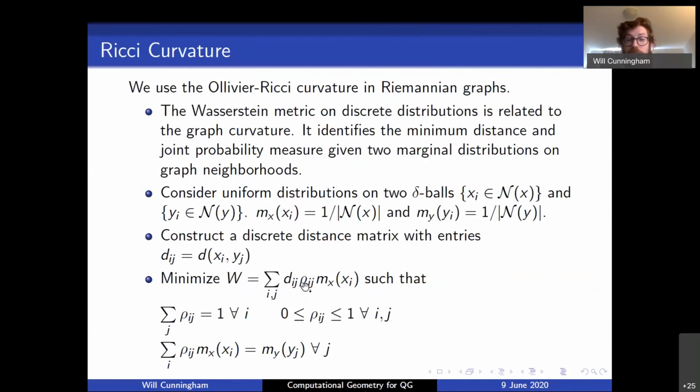What it's going to tell you is the amount of the mass, the probability mass, that moves from neighbor i of your source to neighbor j of your destination. It's subject to these constraints here, which are just normalization constraints and conservation of probability. Typically for this last point, there are software packages that will do this for you. It's not something that you would implement on your own.